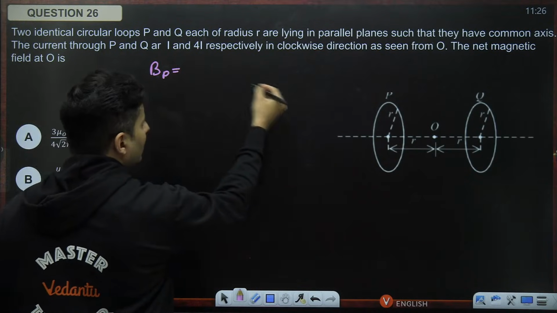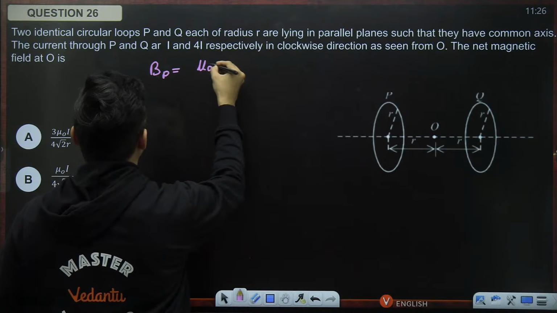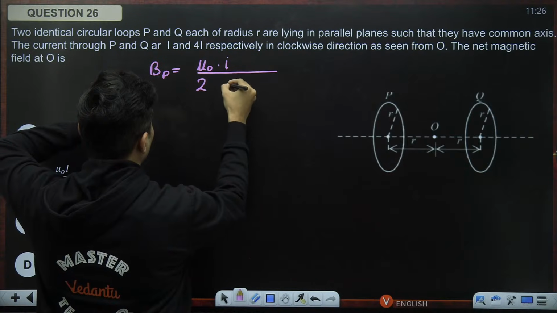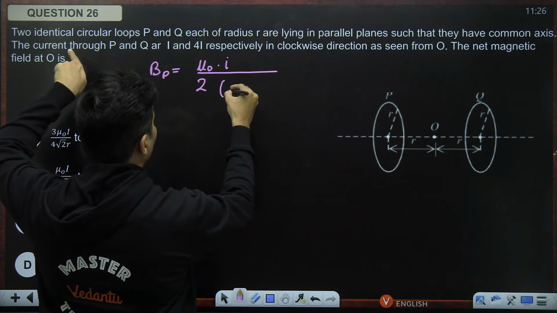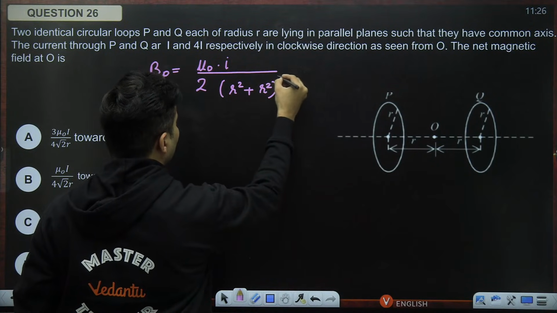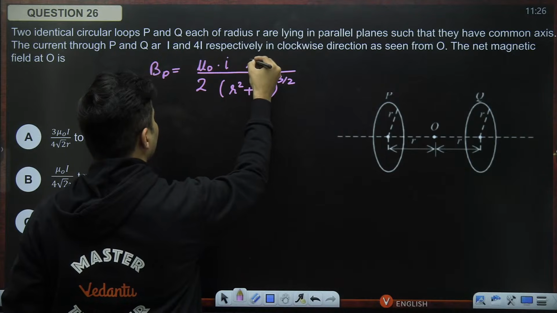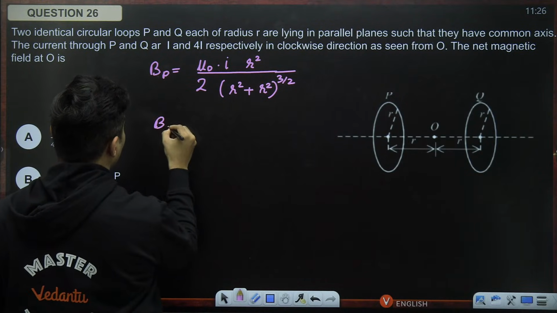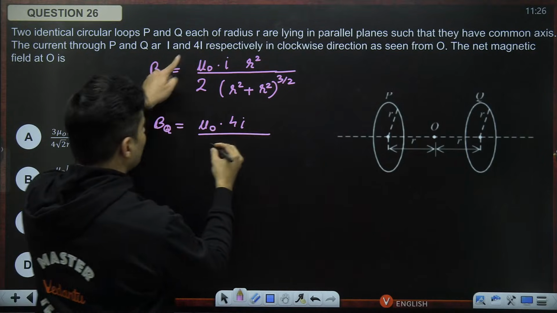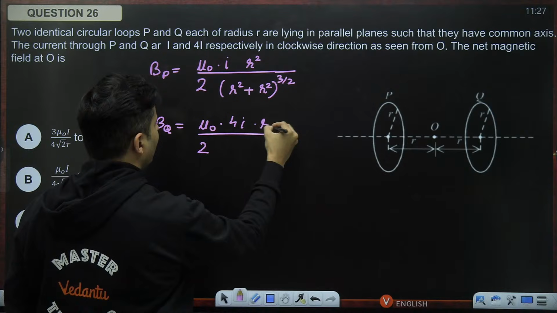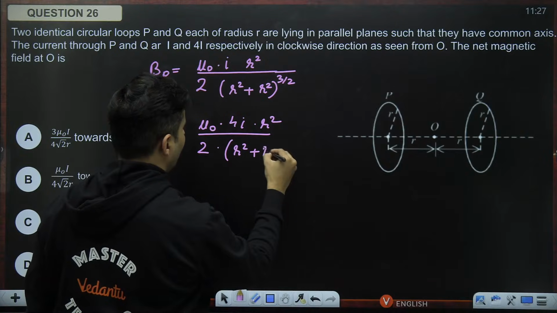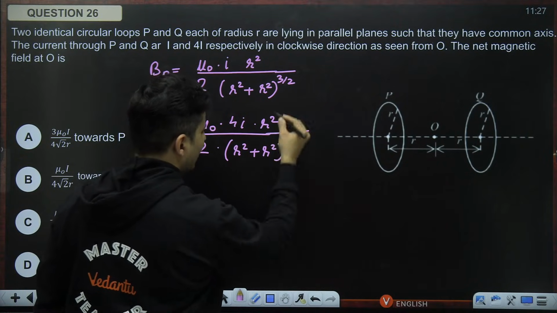Magnetic field due to P is mu naught multiplied by current I, divided by 2, and you have identical loops of radius r, so r square plus x square, here x is also r only, raised to 3 by 2, and there is r square over here. Similarly, magnetic field due to Q will be mu naught, current is 4I as given in the question, divided by 2, radius is still r, multiplied by r square plus again r square whole raised to 3 by 2. Okay, standard formula.